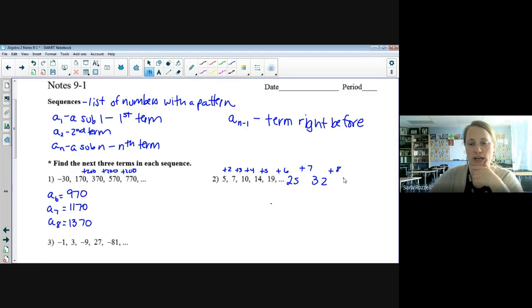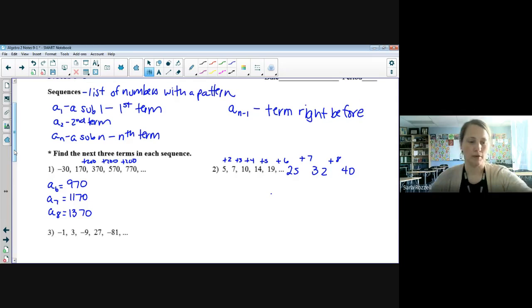And 32 plus 8, that's going to make 40. I'm going to have to get my calculator out for the next one. So occasionally we're adding the same number. Sometimes we're adding a pattern. You see how that's a pattern in itself, that you're adding 2, 3, 4, 5, 6, 7, 8.